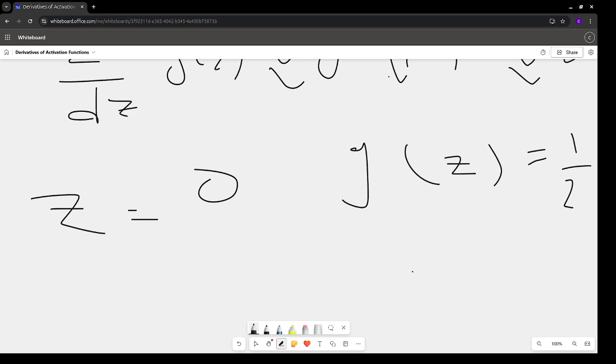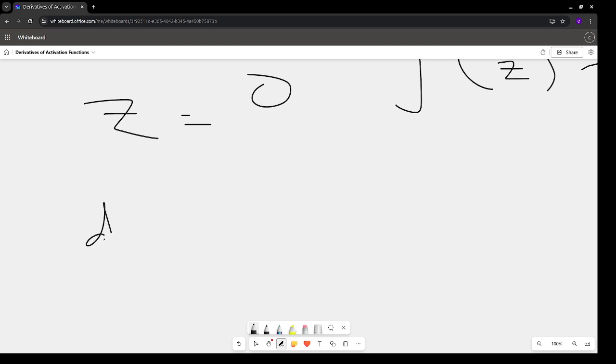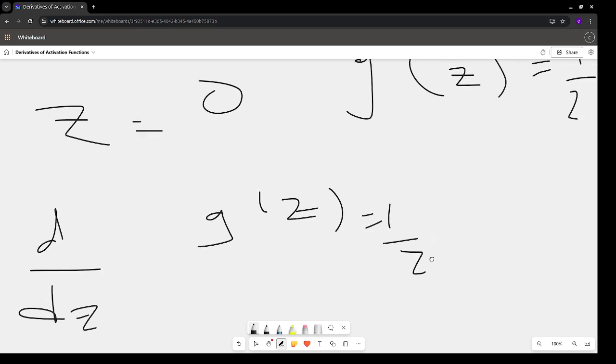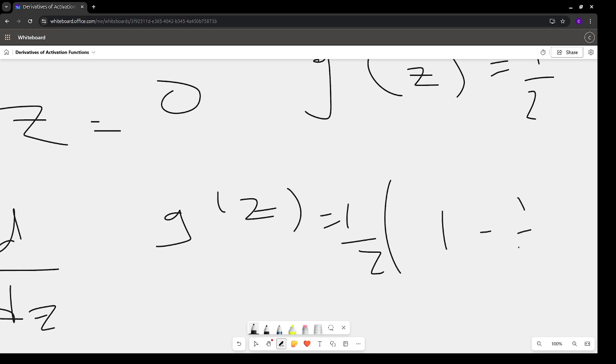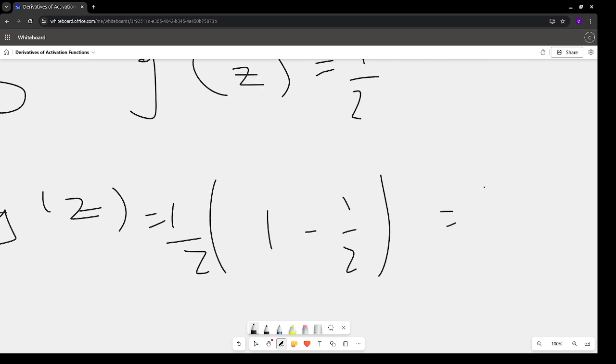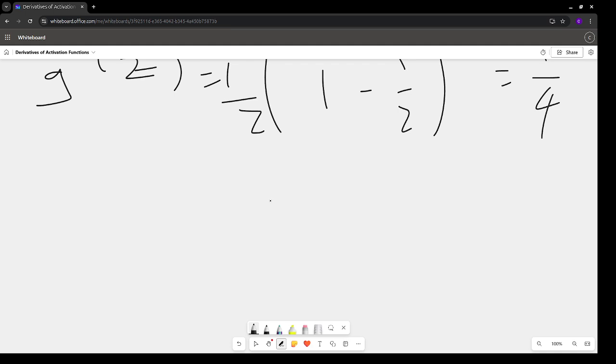And we're going to have this thing, then d by dz of G of Z, 1 upon 1 plus e to the minus z, will equal 1 by 4, right?